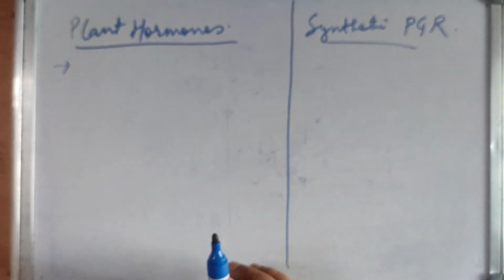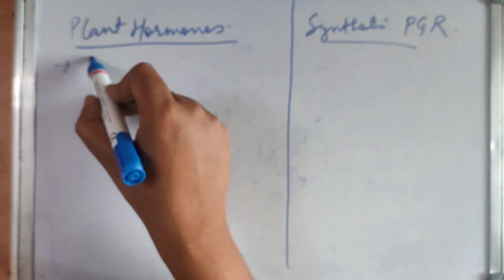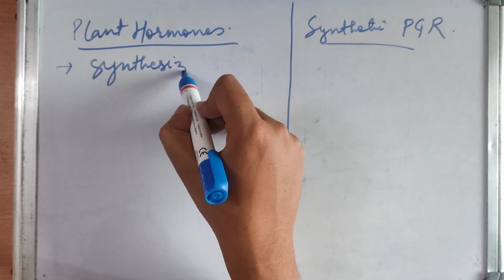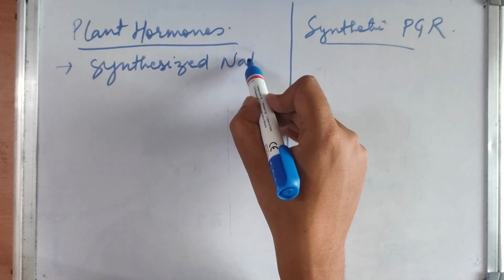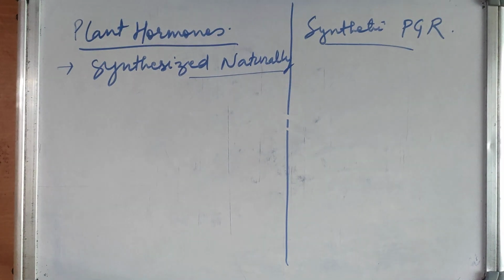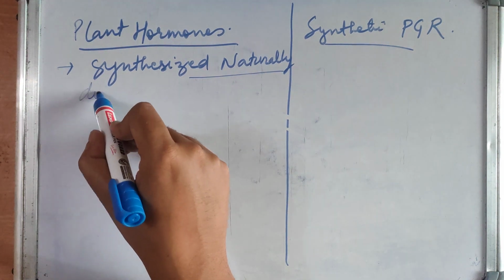Plant hormones are chemicals which are synthesized by plants naturally, during their metabolic processes.